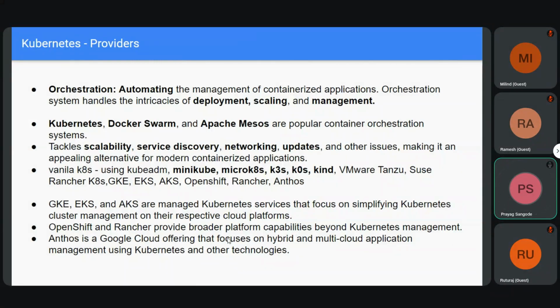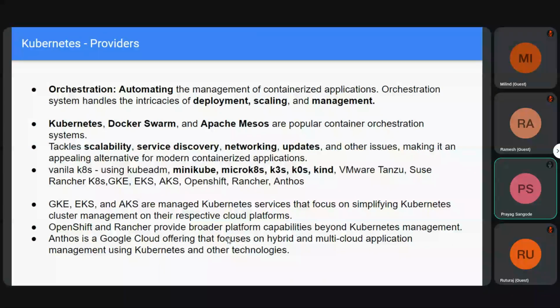We will be learning MicroK8s and vanilla Kubernetes. Various providers of Kubernetes also include Minikube, which is used for learning purposes, and MicroK8s, also used for learning. K3s is there, K0s is there, Kind is there. Kind is Kubernetes in Docker itself.